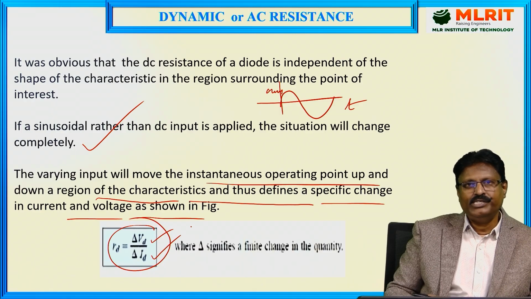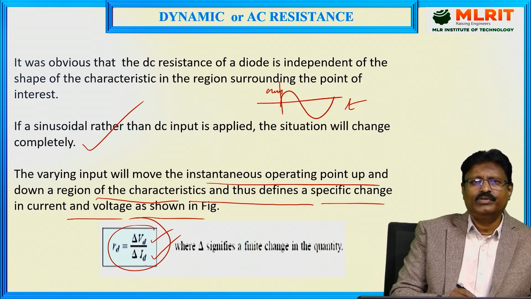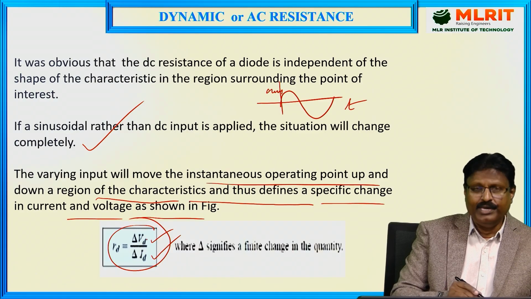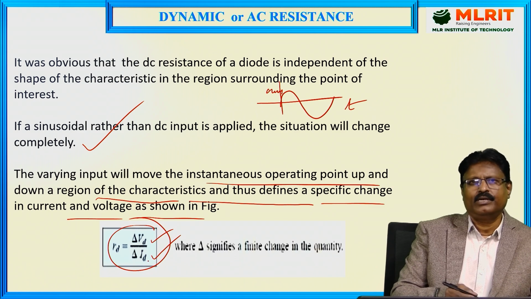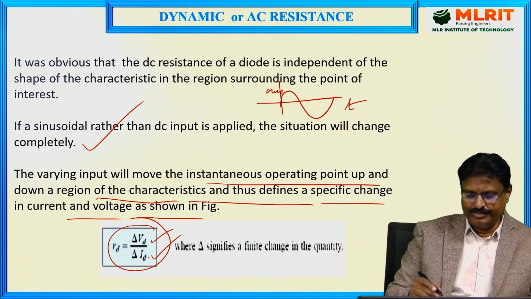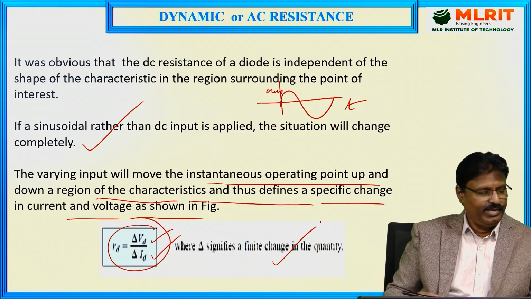So variation in the voltage in accordance with variation in the current. Whenever you apply voltage, there will be variation in VD, which in turn produces a variation in ID. VD is the voltage across the diode and ID is the current through the diode. So it is a finite change in the quantity, whether voltage or current.